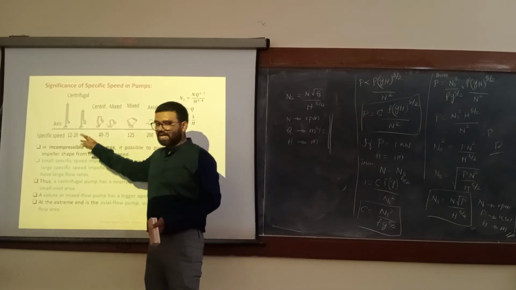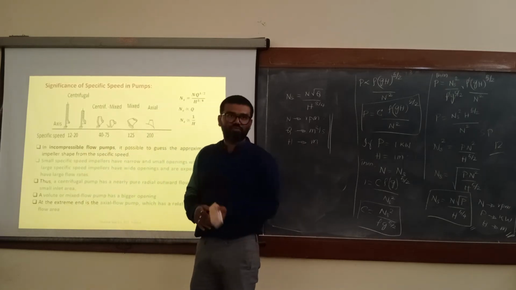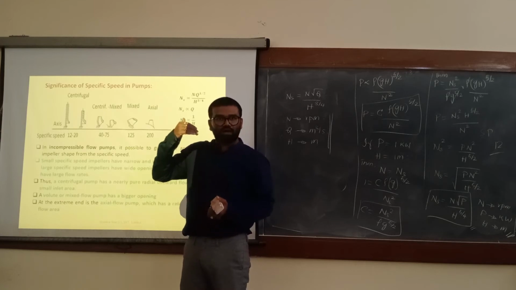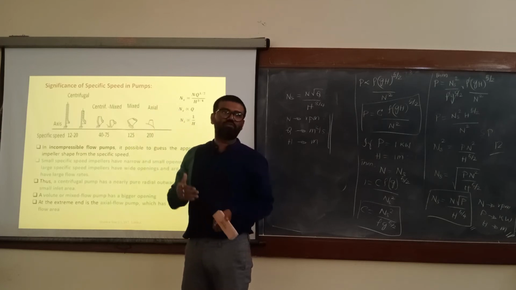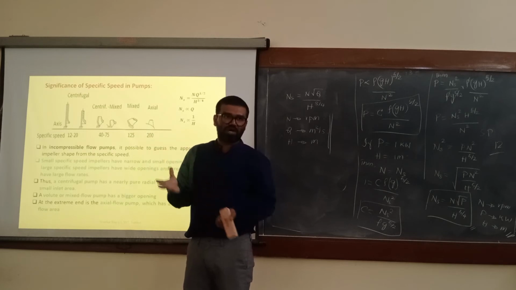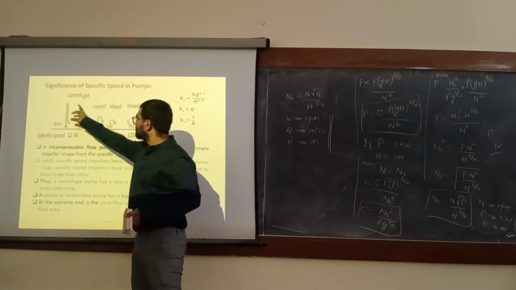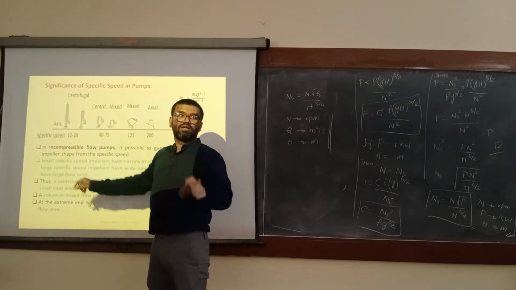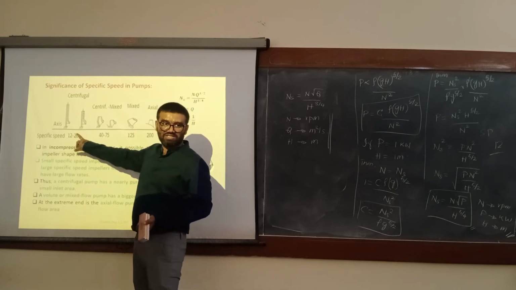If you have a site condition where you need to produce high heads, that means you need to pump the water to larger heights, but you are not bothered about the discharge, then we will go for centrifugal pumps. These pumps produce more head but less discharge.